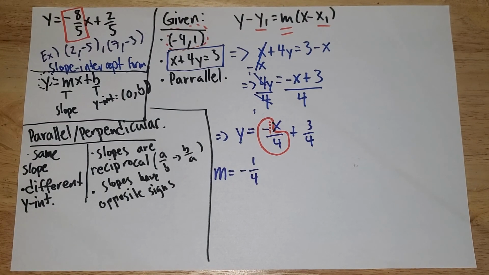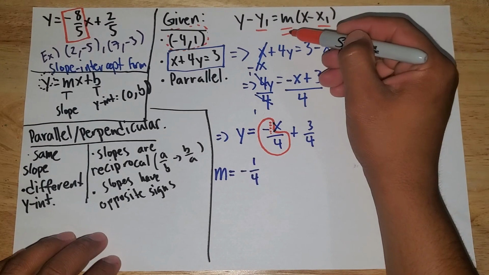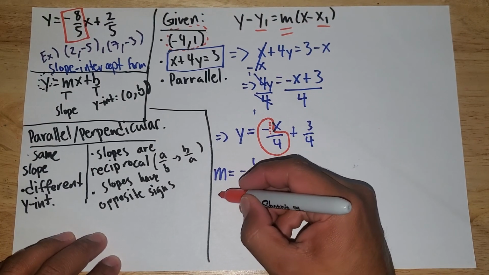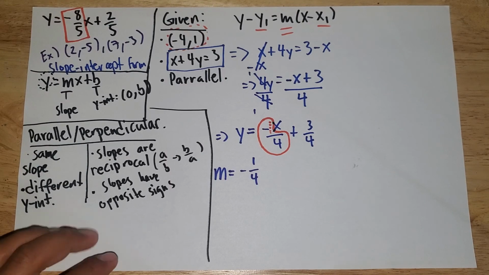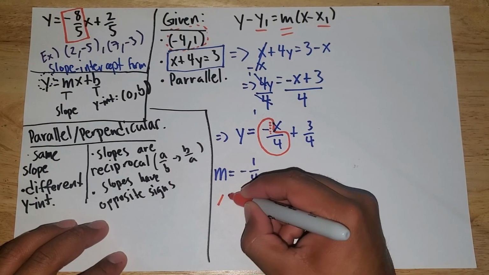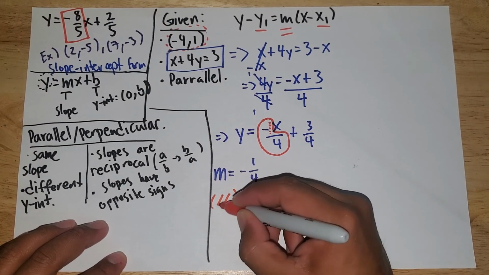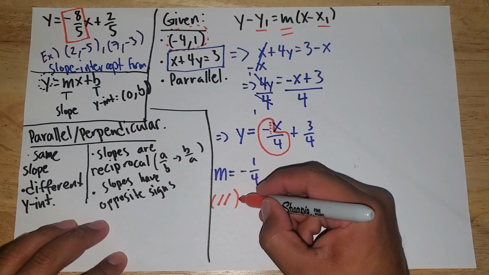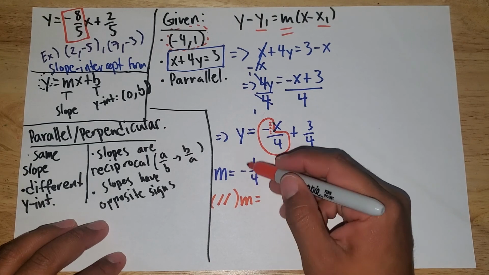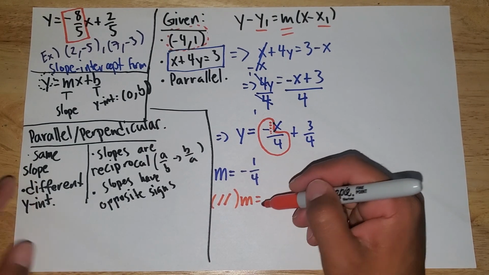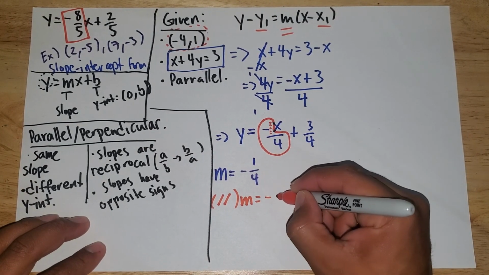The parallel slope, the slope I'm going to use here, and something I didn't say, the notation for parallel is these two dashed lines. For the parallel slope, they need to be exactly the same. So I'm going to write it again.